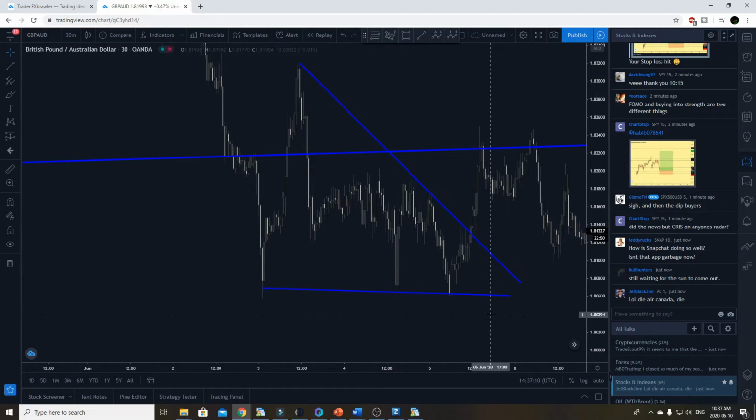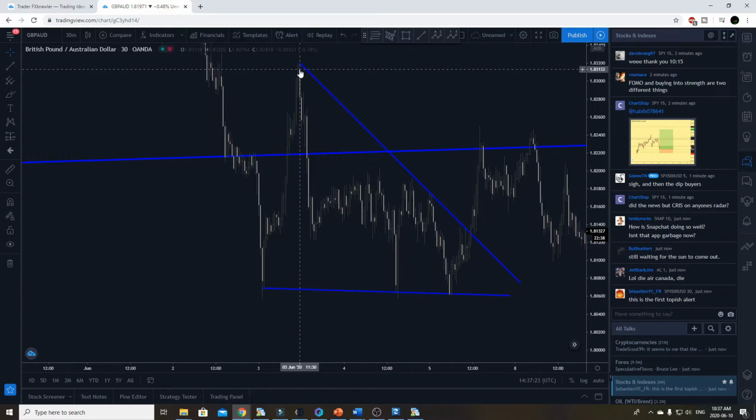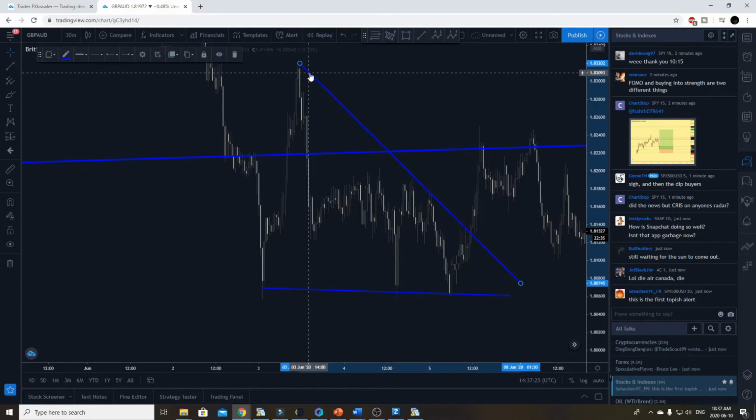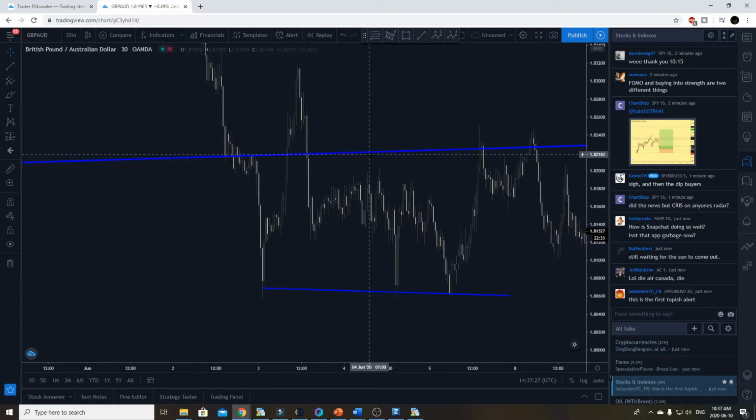But in general, I find that the very first wave, the first reaction of the entire pattern of accumulation, this one, is not always the best spot to pick an entry. What I usually like to do is try to pick the second top and then the third top before the snap here.